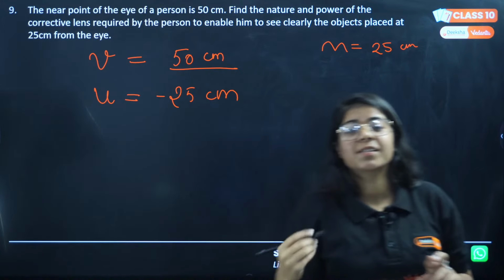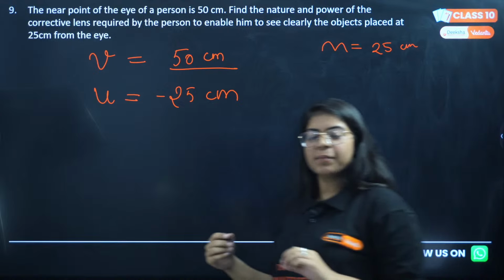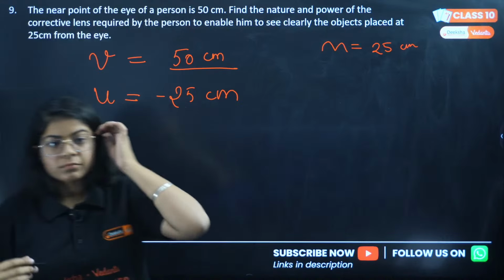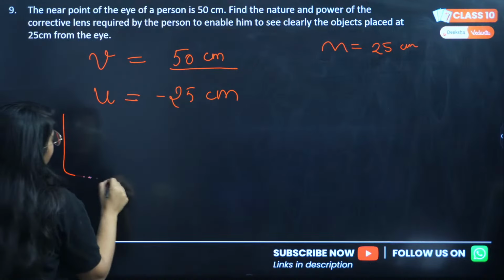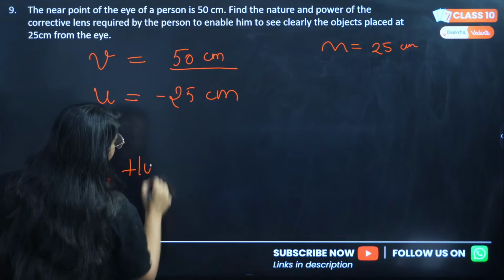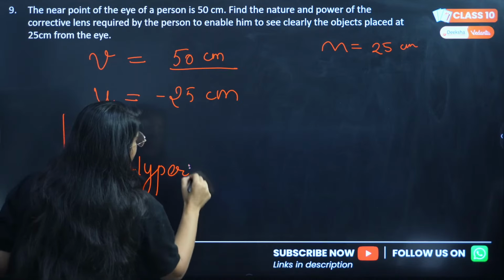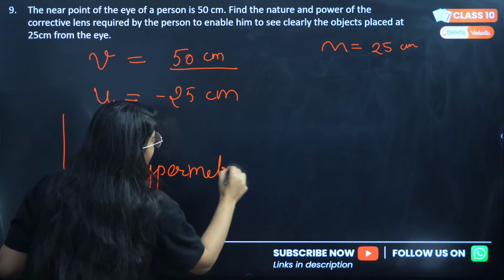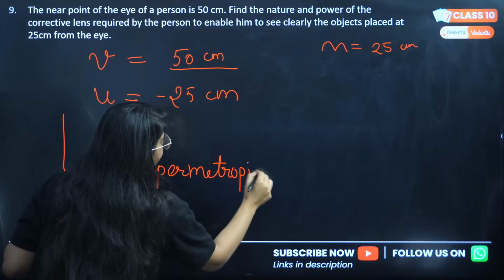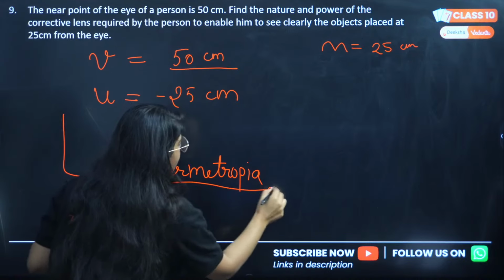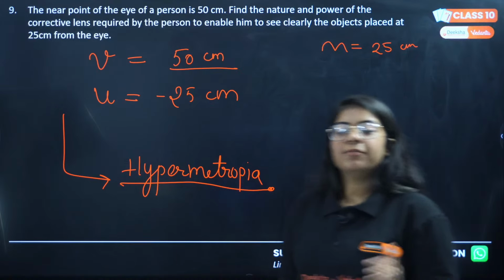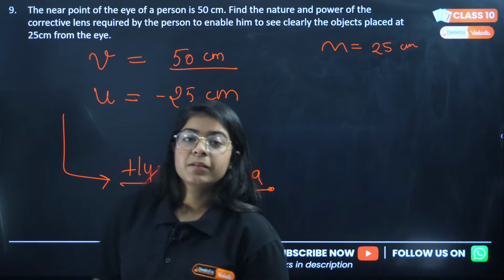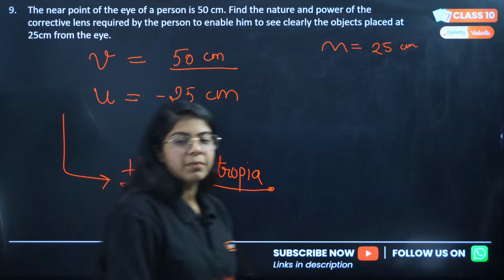The image distance is what? 50 centimeter. Now, what is this defect? This is what? Hypermetropia, because the person is not able to see clearly at 25 centimeter. That means he is not able to see nearby objects clearly, and for nearby objects, the defect is called hypermetropia.